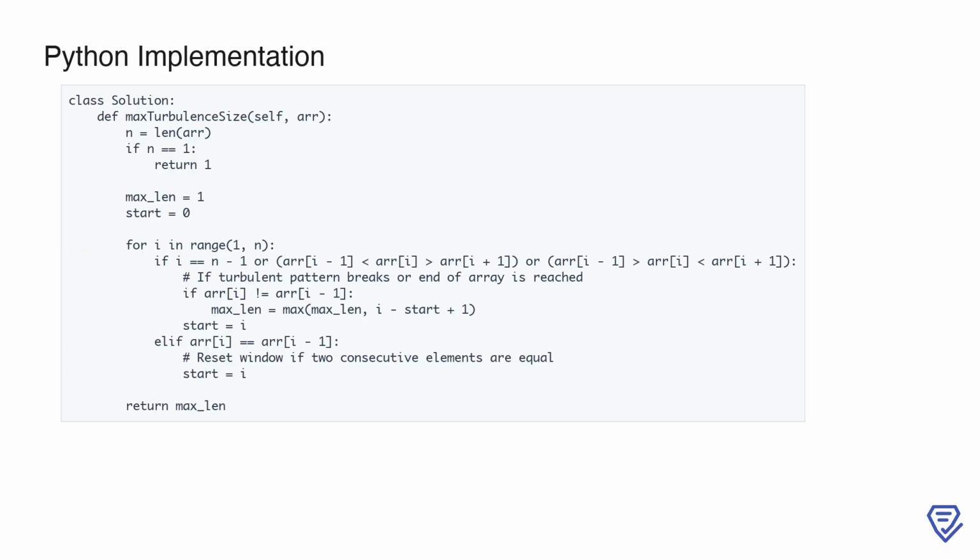If the turbulent pattern breaks or two consecutive elements are equal, the current window is adjusted, and the maximum length is updated accordingly. The result is the maximum recorded length of any turbulent subarray during the traversal. This approach ensures an O(n) time complexity, where n is the length of the array, and it handles edge cases like arrays with a single element or arrays containing repeated values effectively.